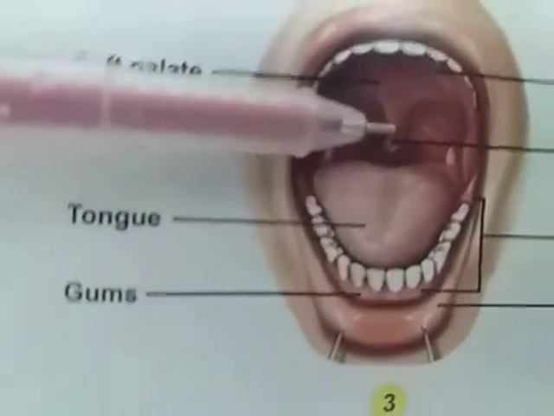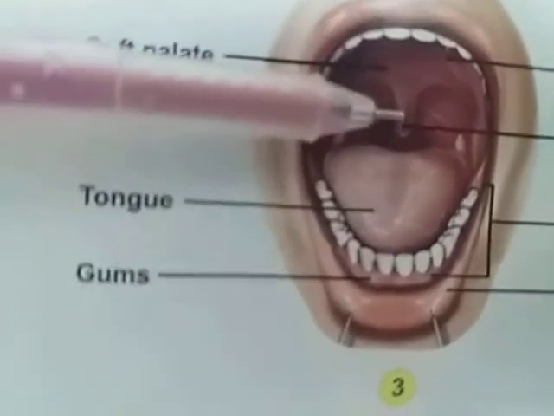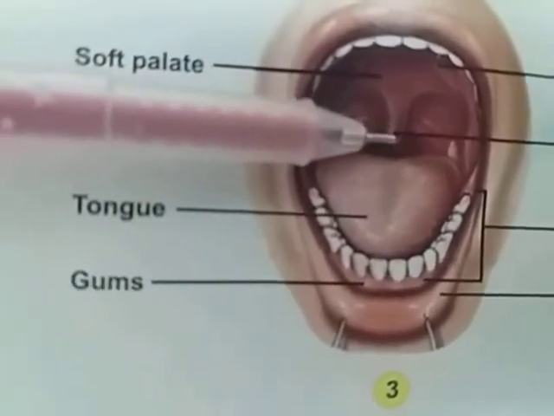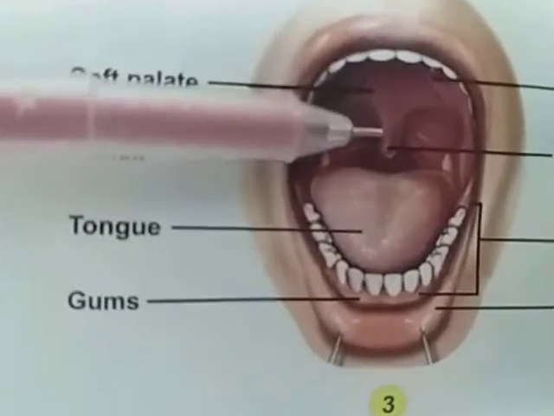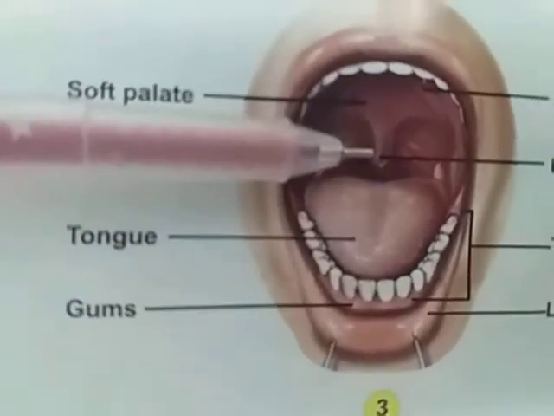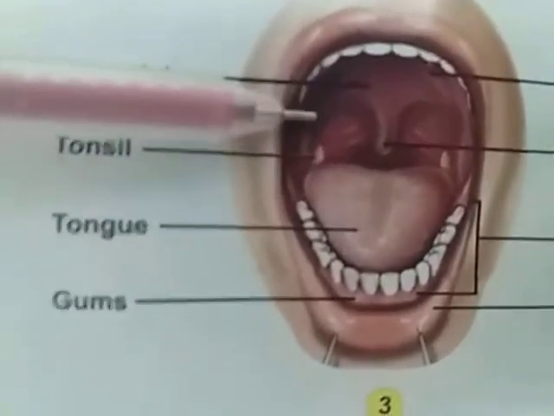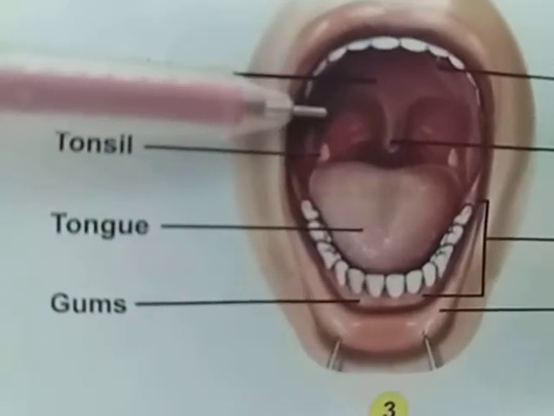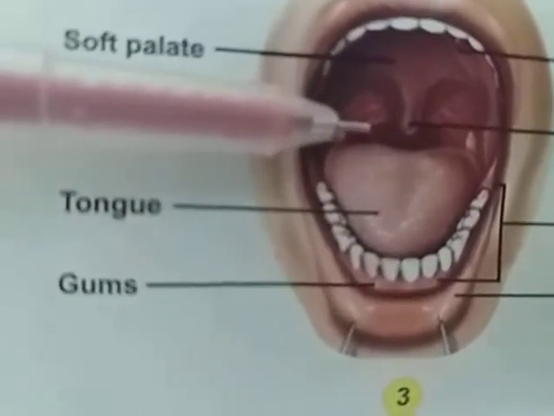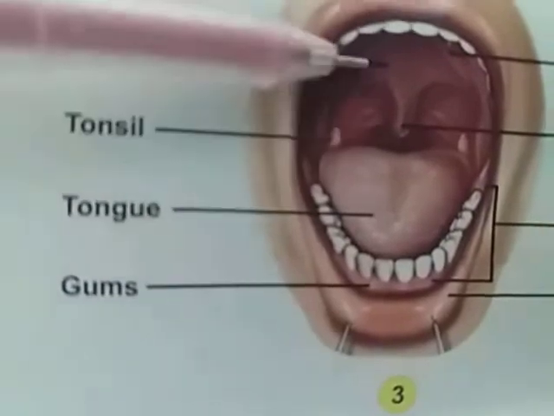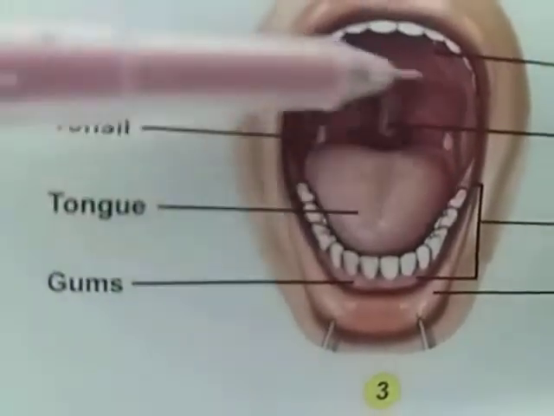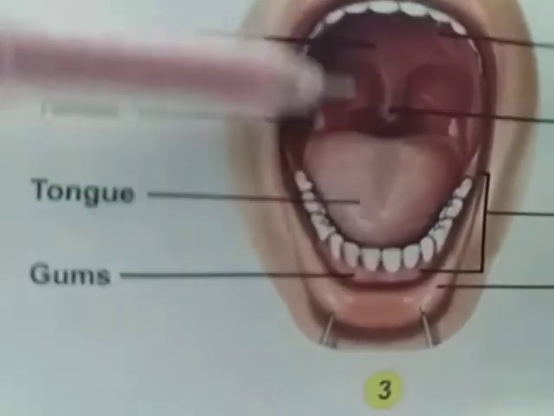This epiglottis acts like a traffic police in our body. It is useful to send the food materials and to send the air through it. So here this is one path. Next, on this side, another path. So two paths are there.